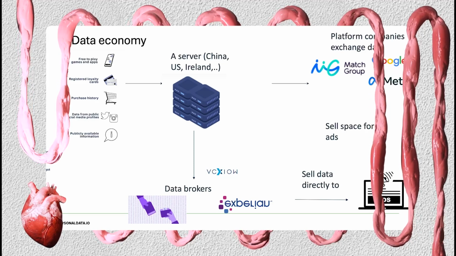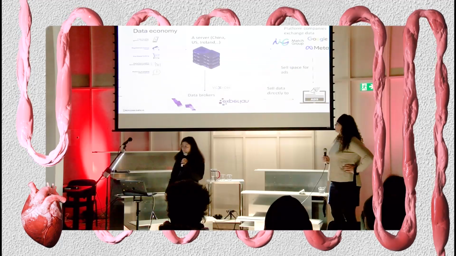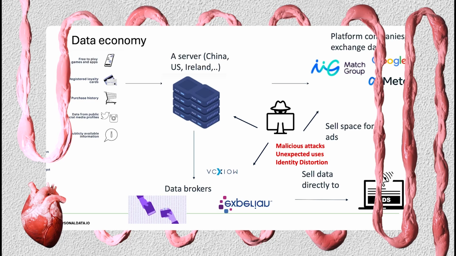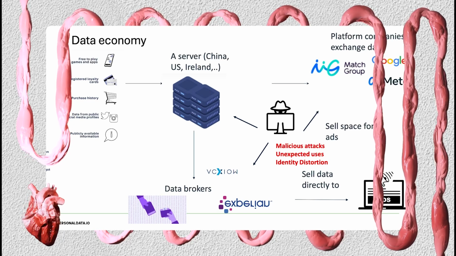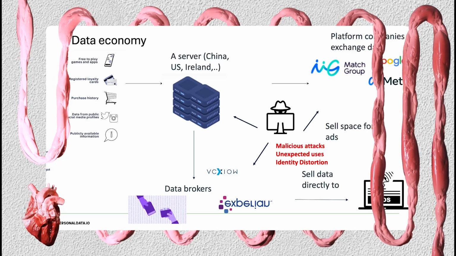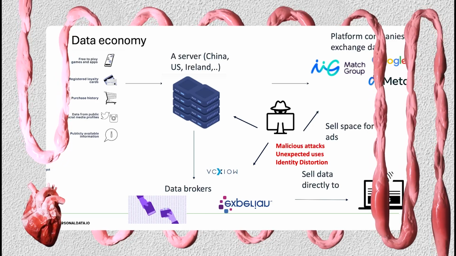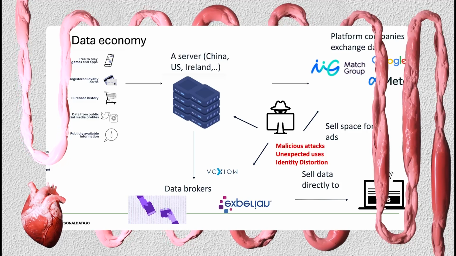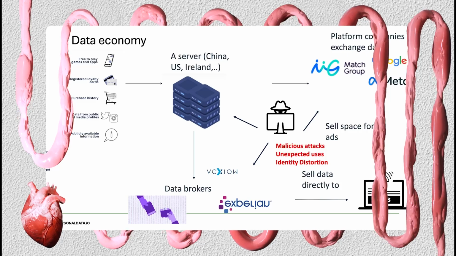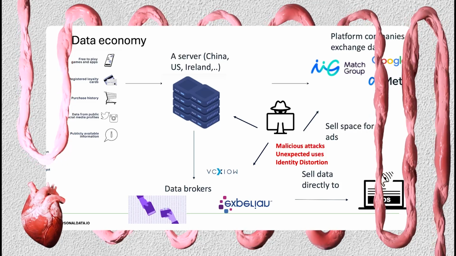We have lost completely control of what they're doing with our data. And what happens there is that in this big ecology of data flows, there could be malicious attacks. There could be people or companies that hack these databases, that take it, and even other users can use your data for identity distortion, manipulation, identity theft, and so on.